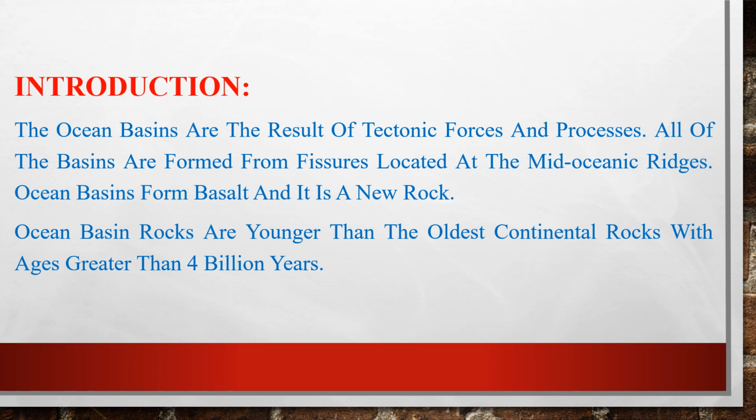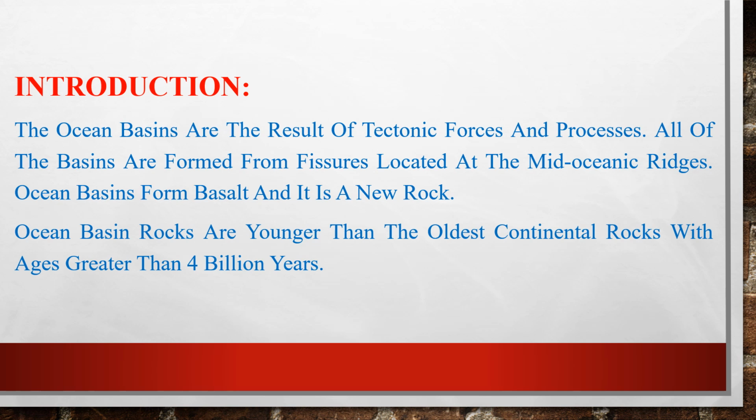We know the ocean basin is new rock because it is formed by divergent plate movement. We'll discuss this plate movement, types of plate, and how they create ocean basins. There are a lot of theories also.